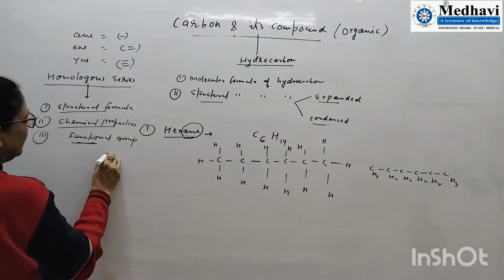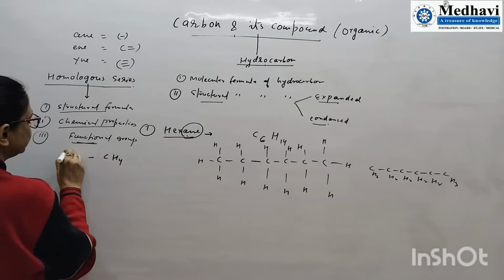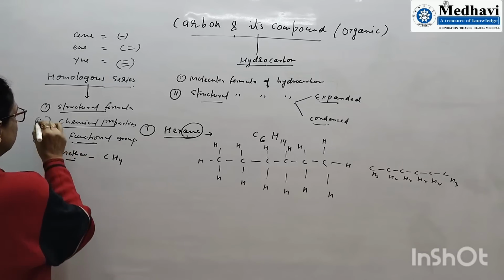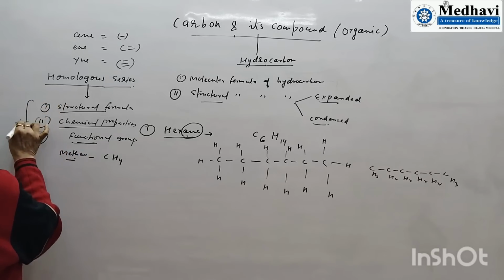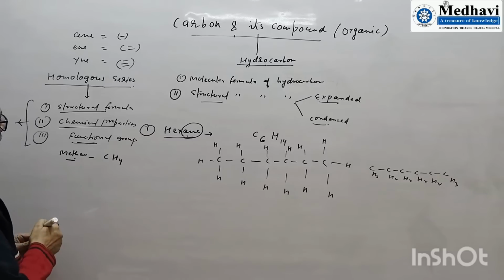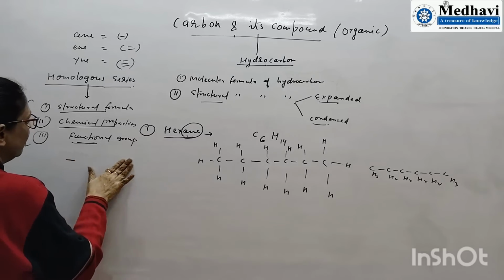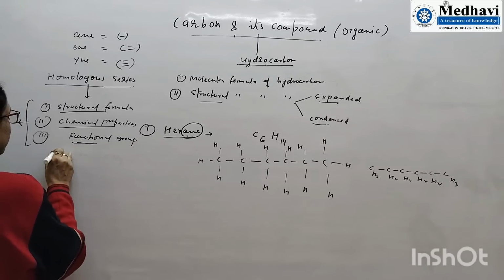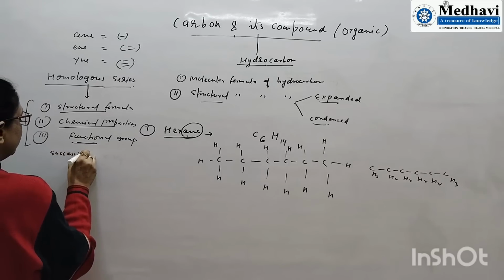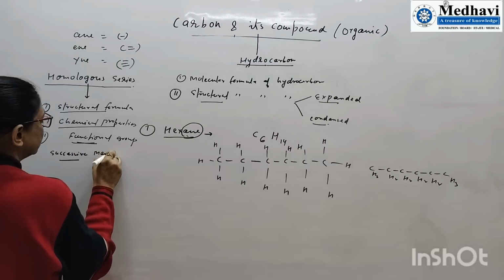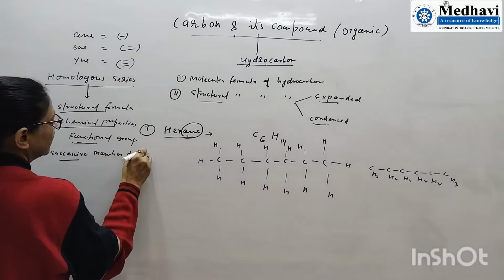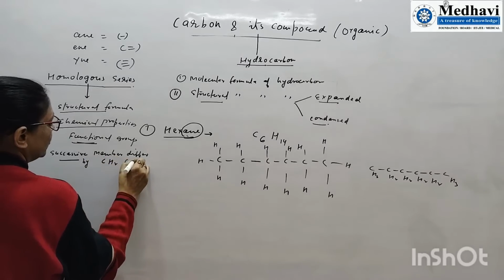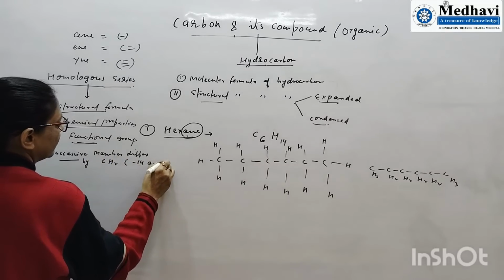Suppose here I am writing methane. We need to find its next homologue. Remember that compounds having the same structural formula and the same chemical properties, and the successive members differ by a CH2 group, or you can say 14 amu.